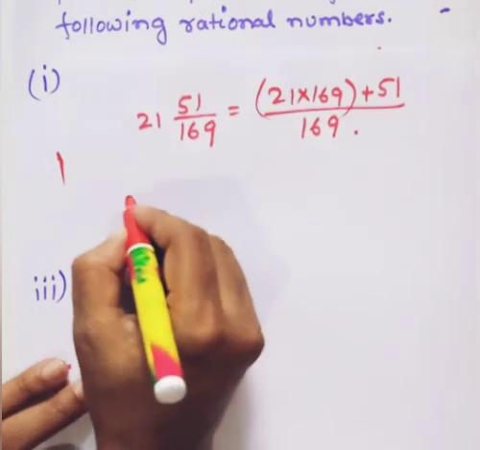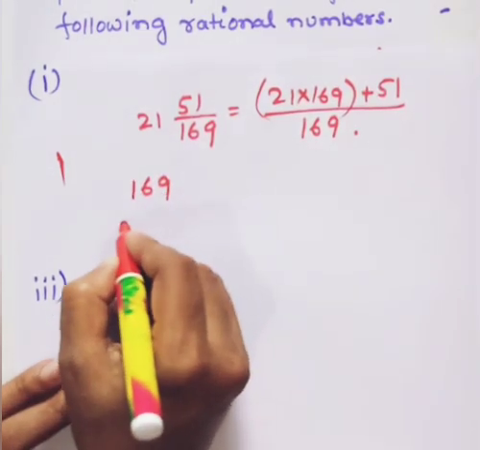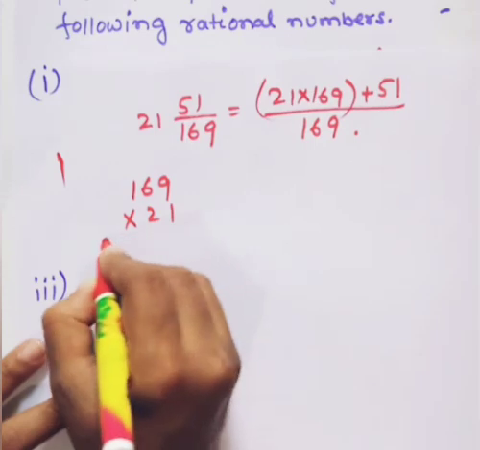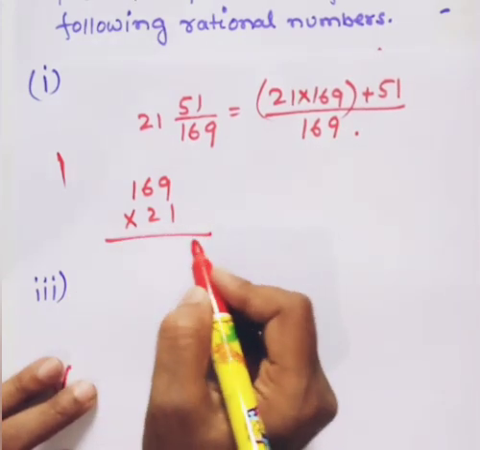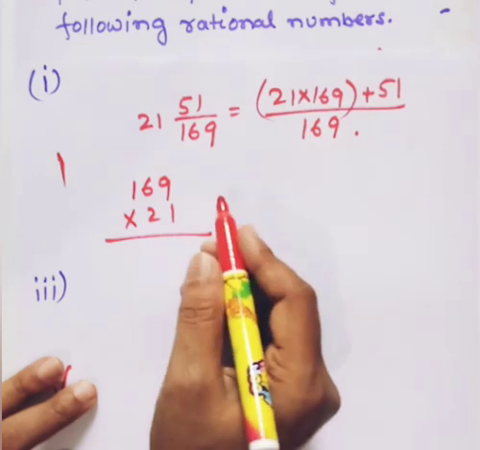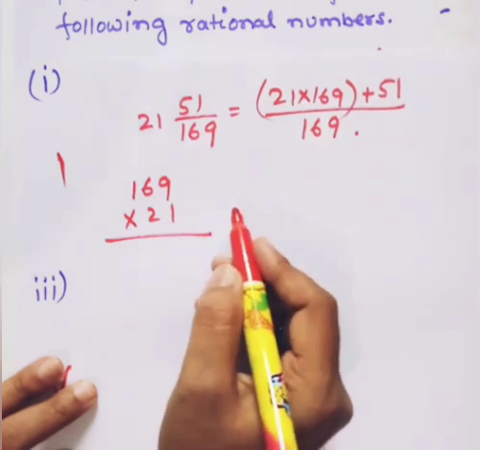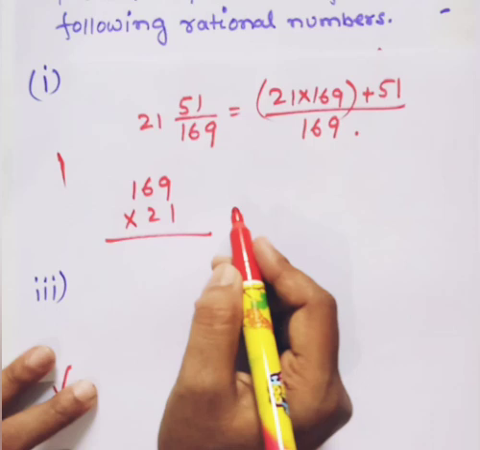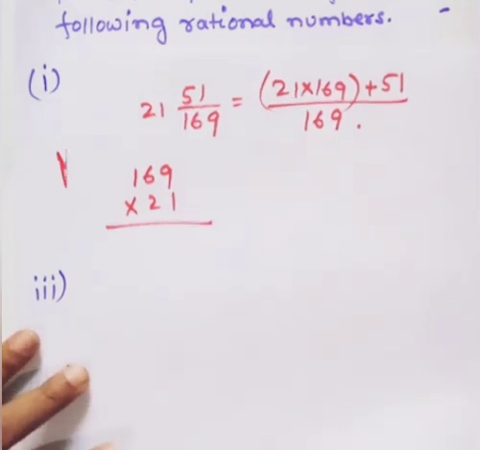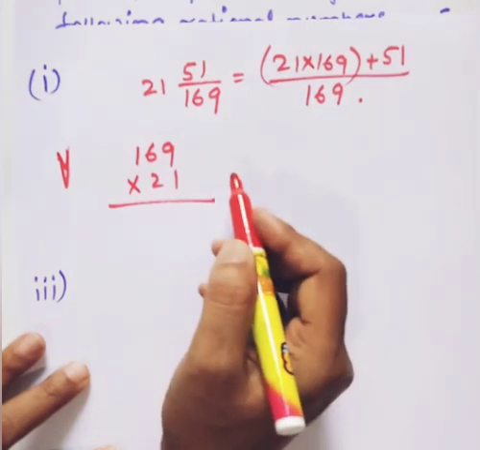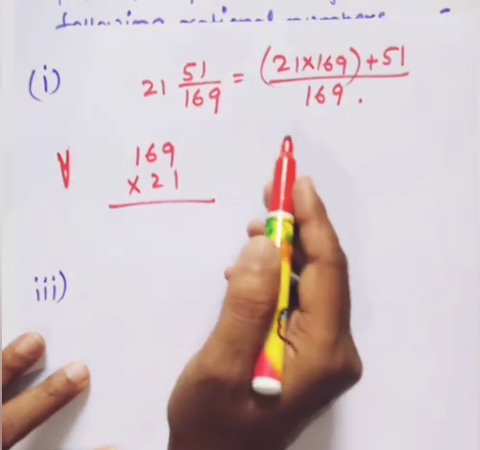Children, better you multiply it manually. 169 into 21. Please keep in mind that if you do not have the speed of multiplication or you don't know the tables, it will cost you to a great extent. So please try to do the multiplication work properly, because even if you do a small mistake, the whole question will be wrong.